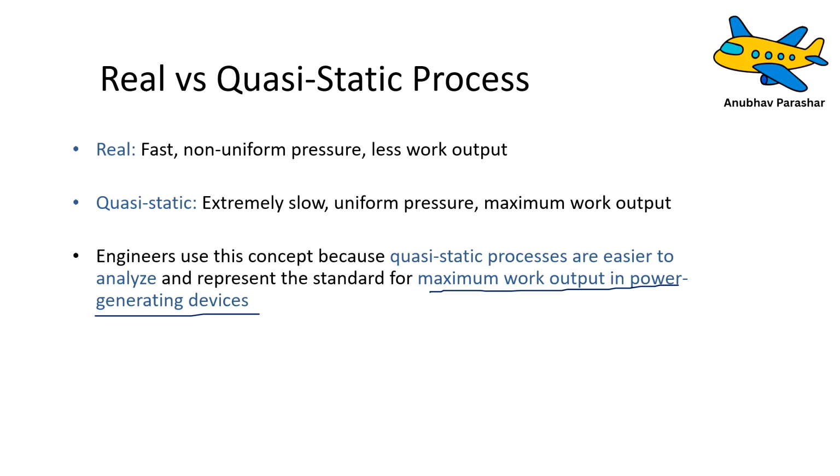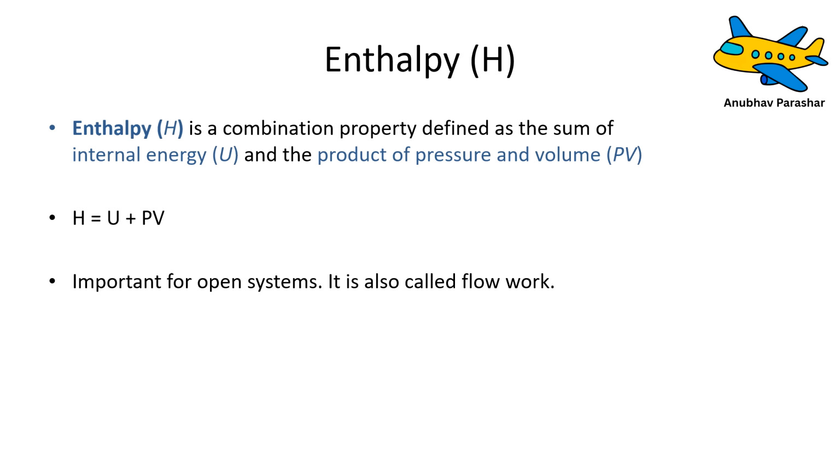And if we are analyzing power consuming devices, for example compressors and pumps, they consume a minimum amount of work. So it becomes a standard benchmark for us to compare our actual real systems: are we able to achieve that kind of efficiency or not?